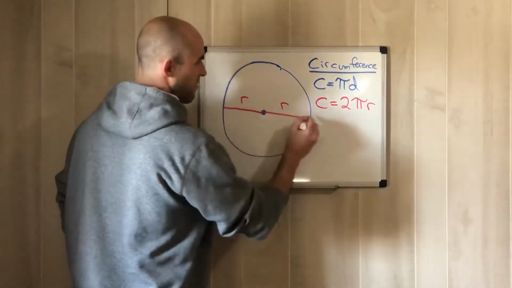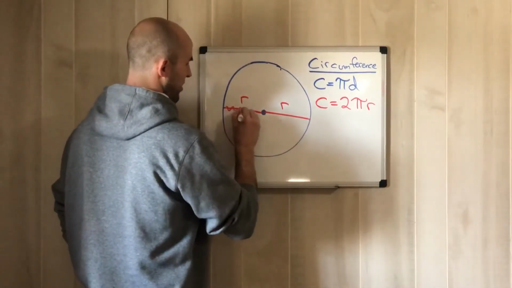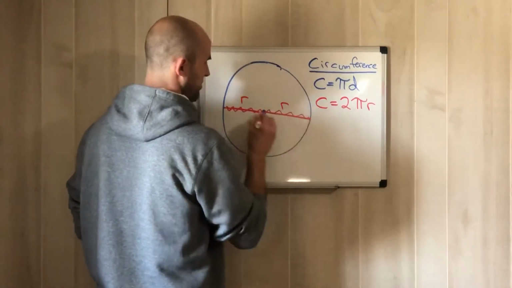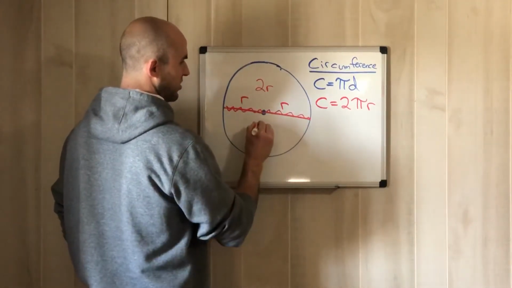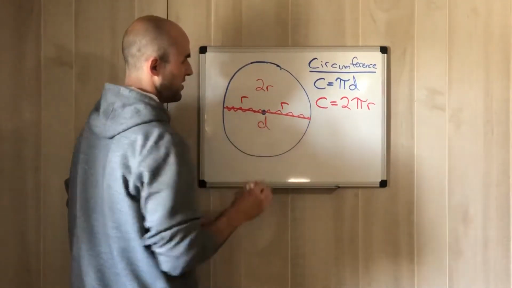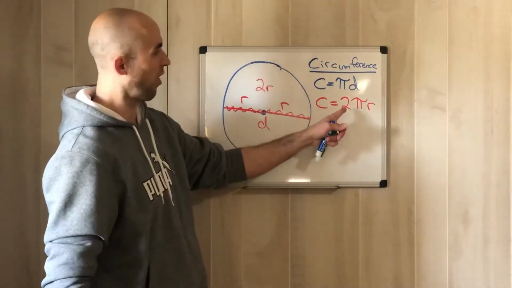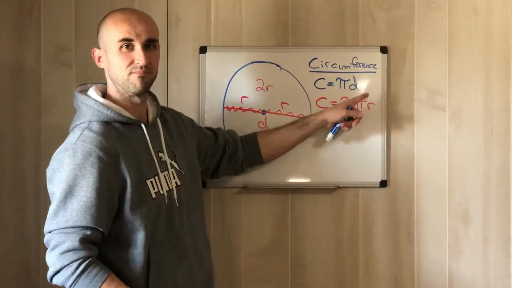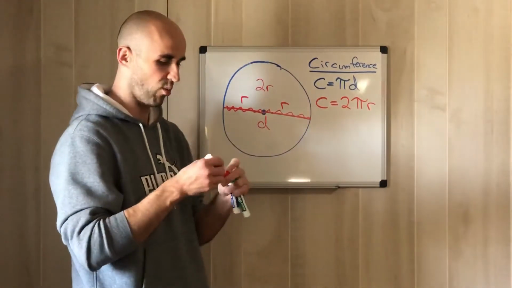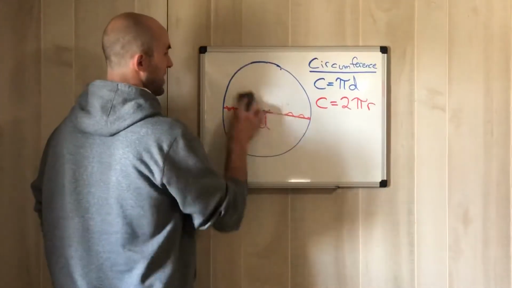But altogether it makes 1 diameter. And that's where literally it comes in. 2 radii is the same thing as 1 diameter. So whenever you see that, that's where the 2r comes from. 2 radii is 1 diameter. But again, just showing you where it's coming from. When you actually want to use it, again, it all depends on what they give you.